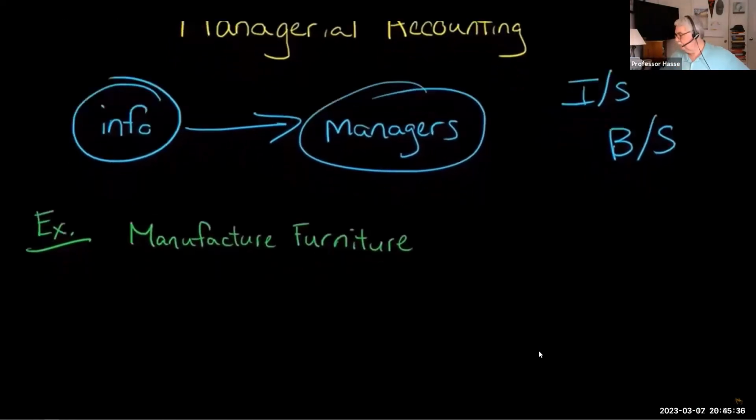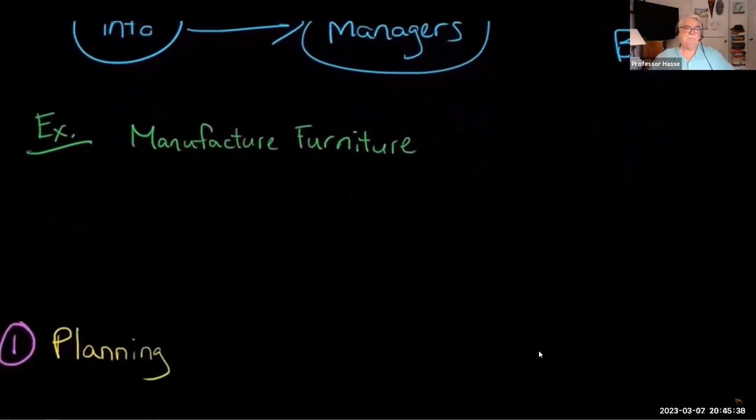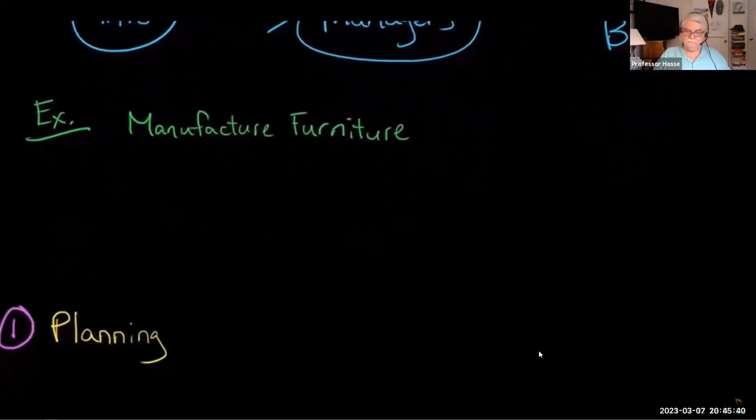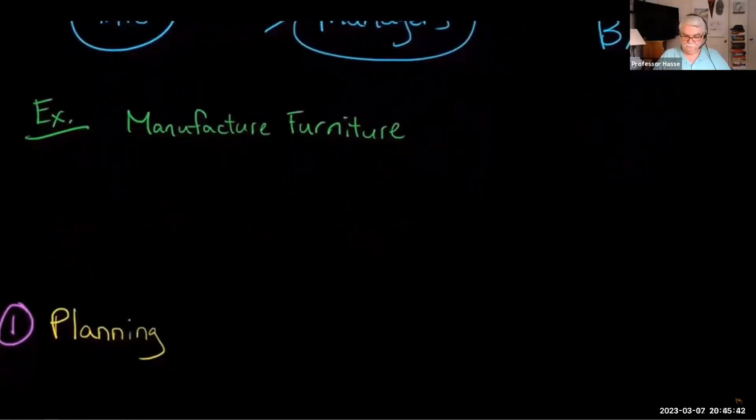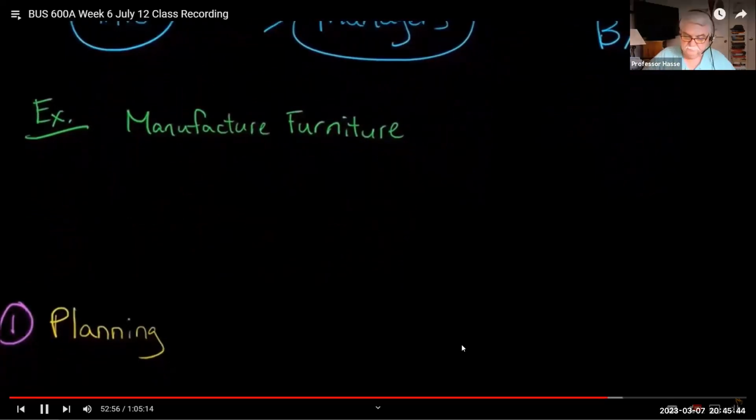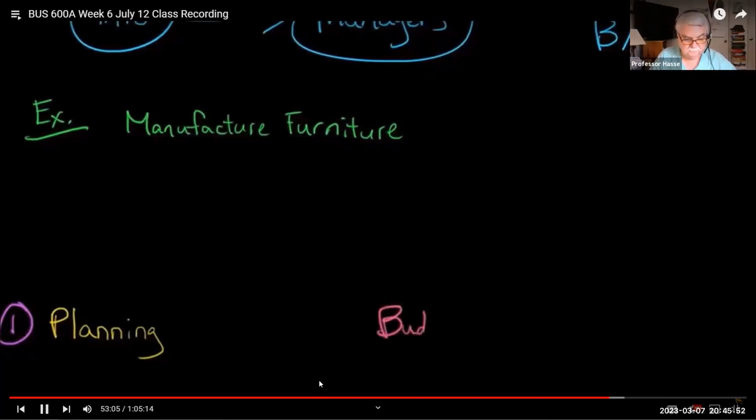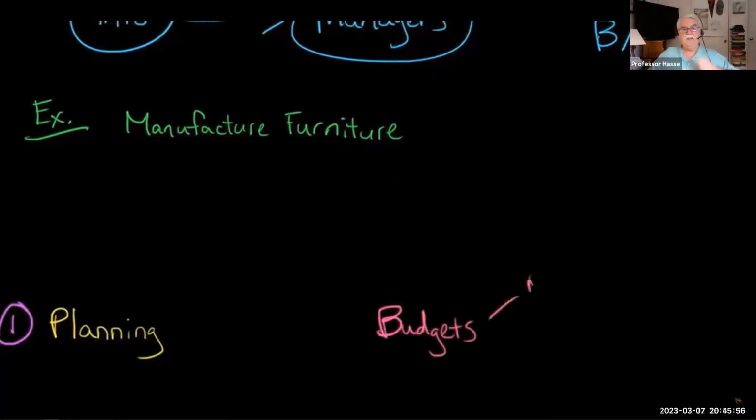The first way we can think about managerial accounting being useful is in terms of helping with planning. Now, you might think, I can plan for my organization without managerial accounting. Well, a big part of managerial accounting is coming up with budgets. So we're going to have a marketing budget.